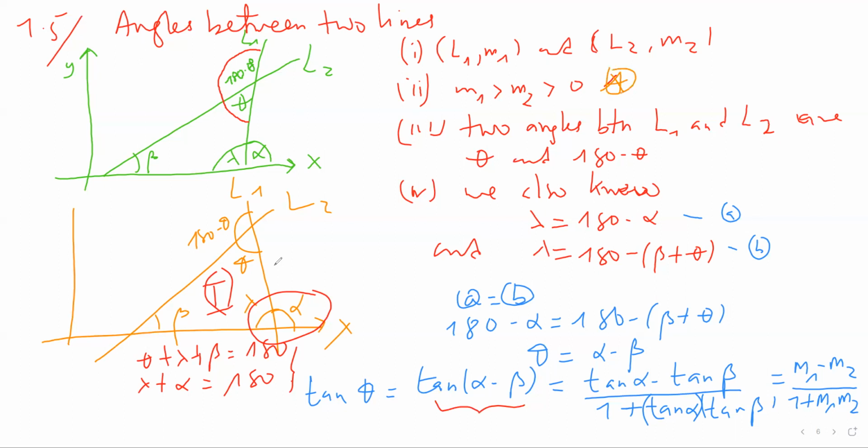So we have M1, which corresponds to line 1. Line 1 has gradient M1, line 2 has gradient M2. So we have finally M1 minus M2 over 1 plus the product of the gradients.